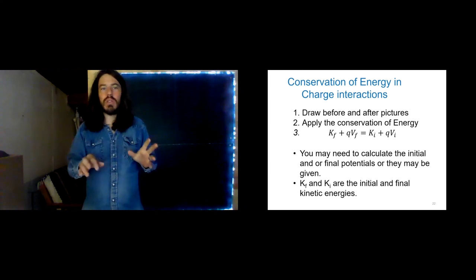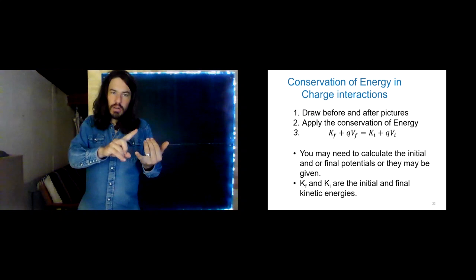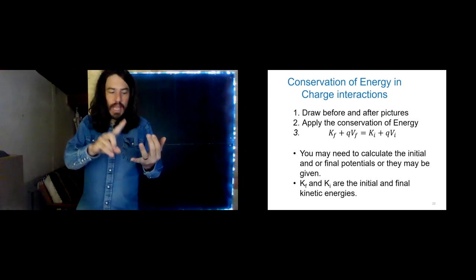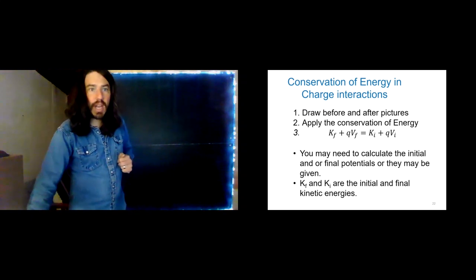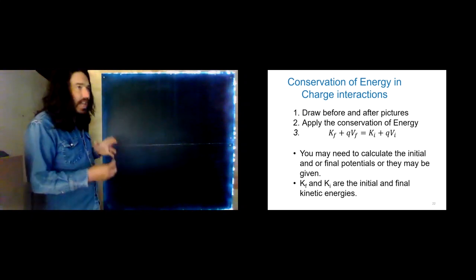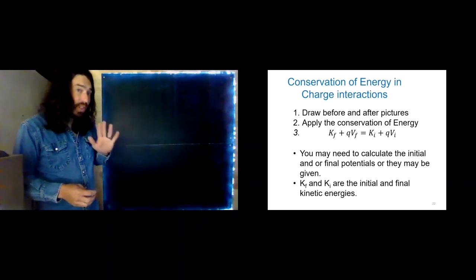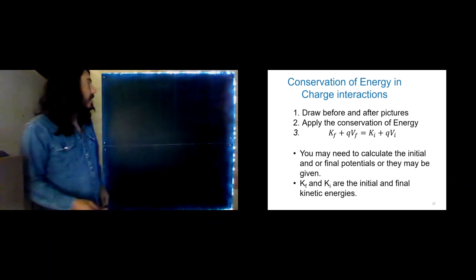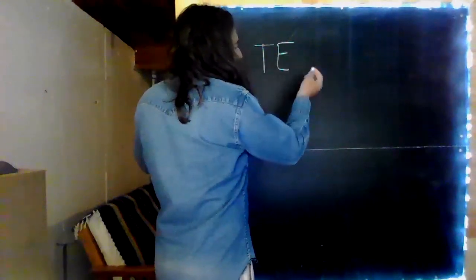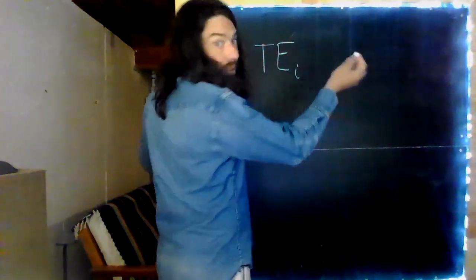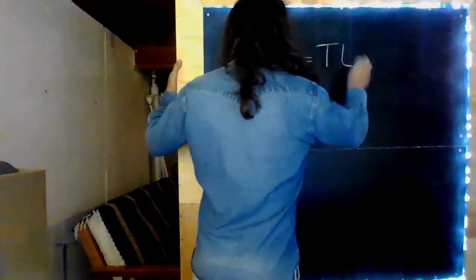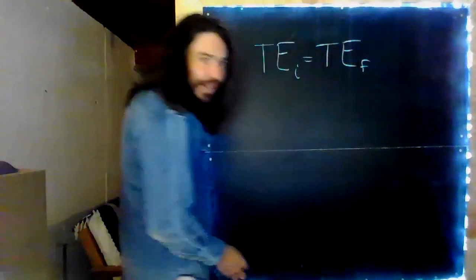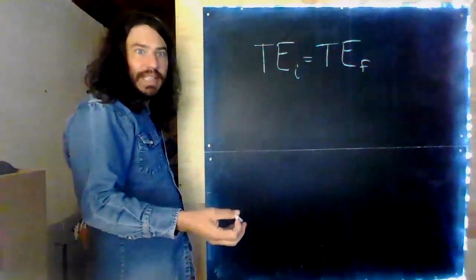Recall that conservation of energy started out with this basic idea that energy is never created or destroyed. To turn that into math, we just say that the total energy in some system, initially, before something happens, is equal to the total energy in the system after that happened.